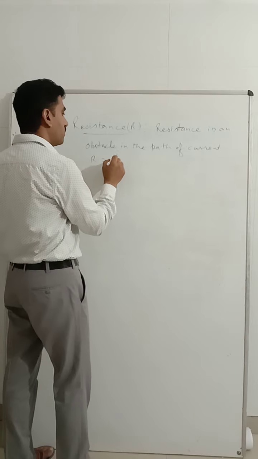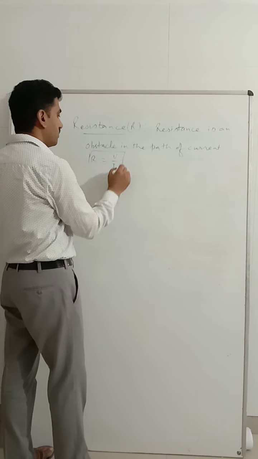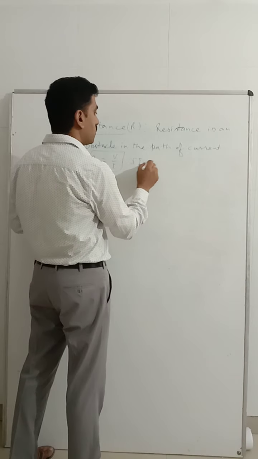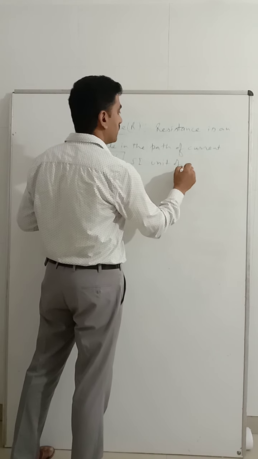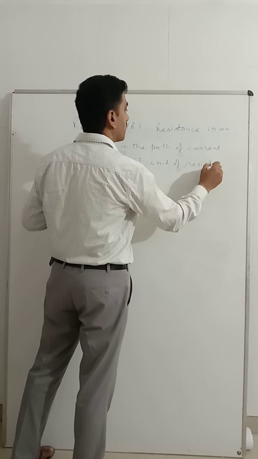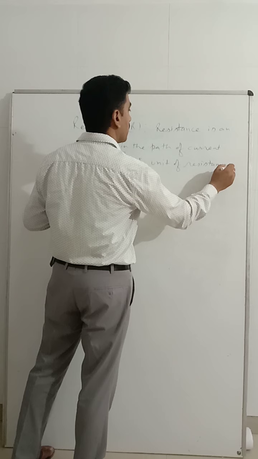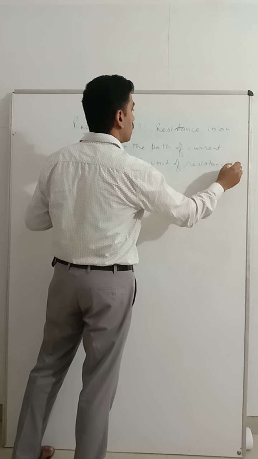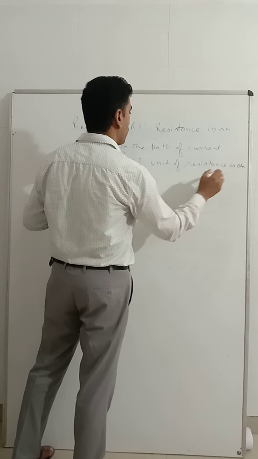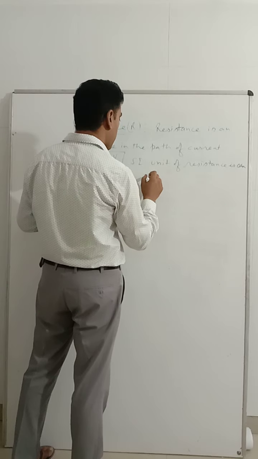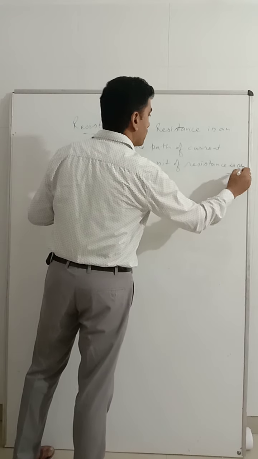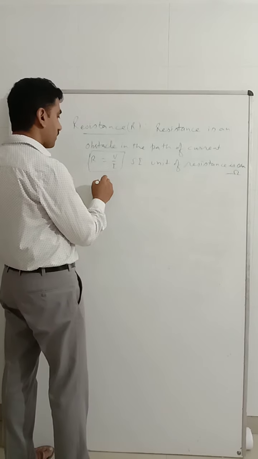R is equal to V upon I, a formula you have to remember. The SI unit of resistance is ohm. This is the symbol of resistance.